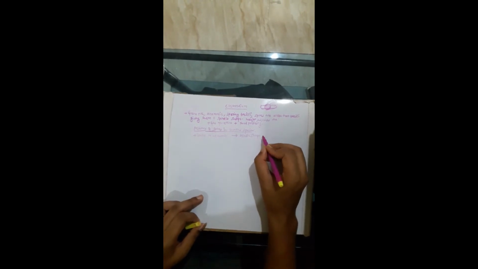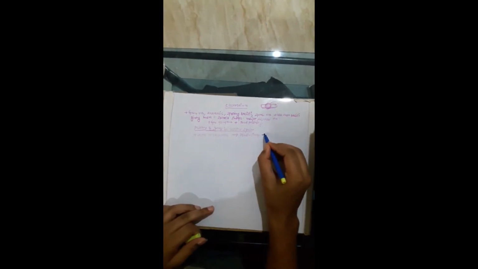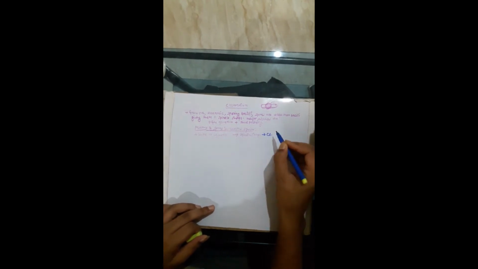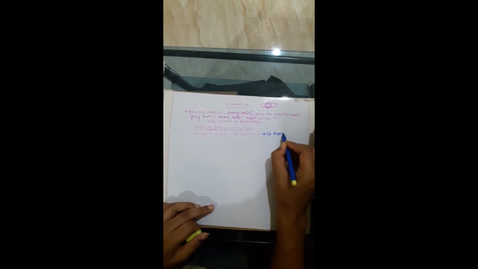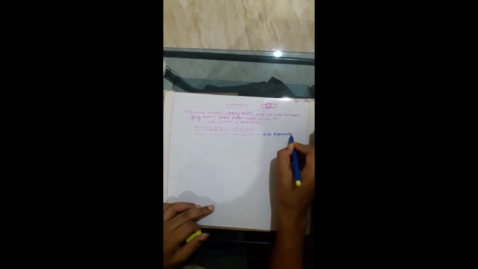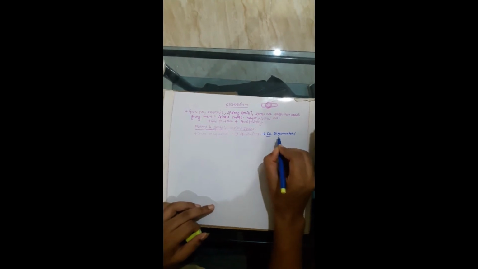And this is spindle shaped, and it is seen in Clostridium bifermentans. This is the species Clostridium bifermentans, right?